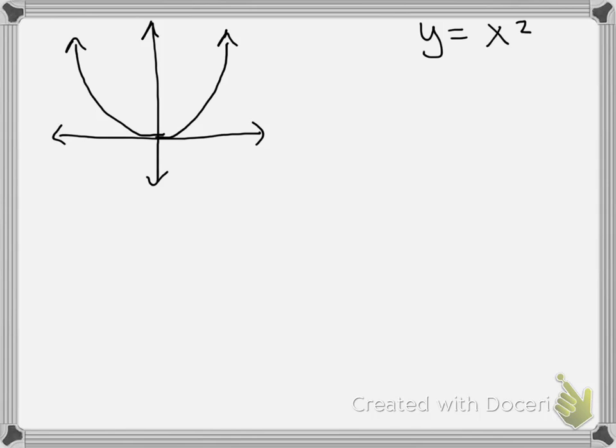Say we have a function, like y equals x squared, and over here is a little crude graph of it. And say we want to know what the area is under there from 0 to 3.